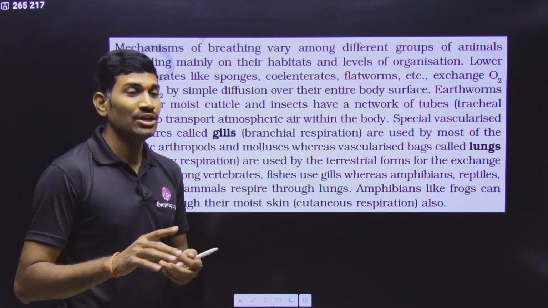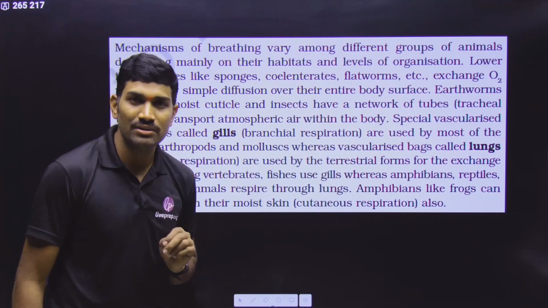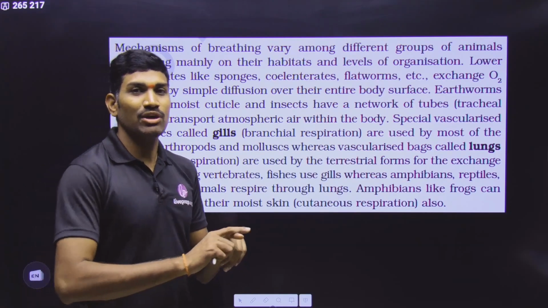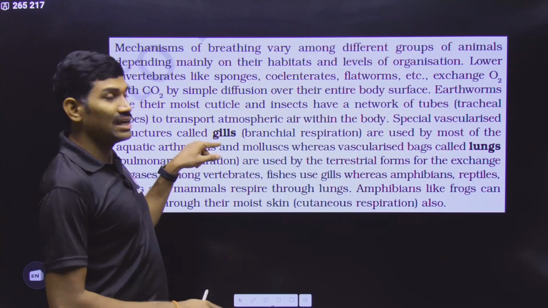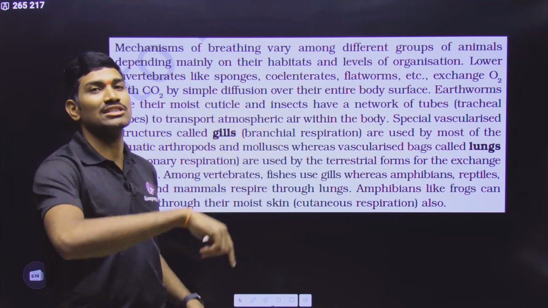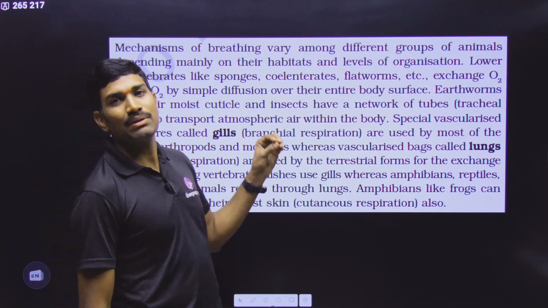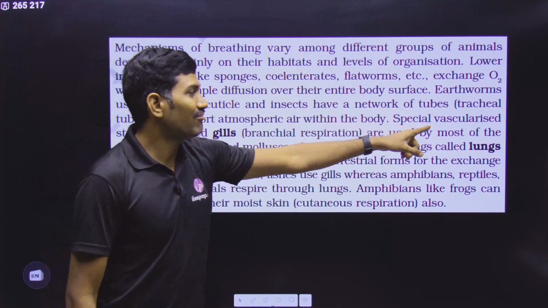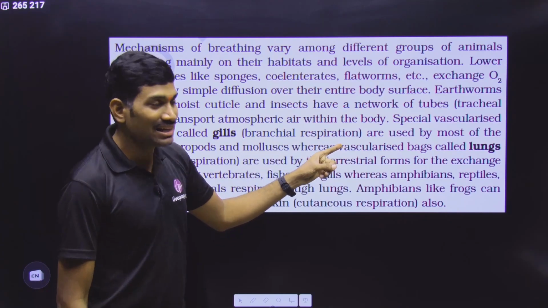In the case of fishes, we will study the 2-chambered heart, and there the blood goes from the heart to the gills. So there you will understand more details. In this way, these gills are supplied with blood, so they are vascularized structures. If gills are involved, it is called branchial respiration.